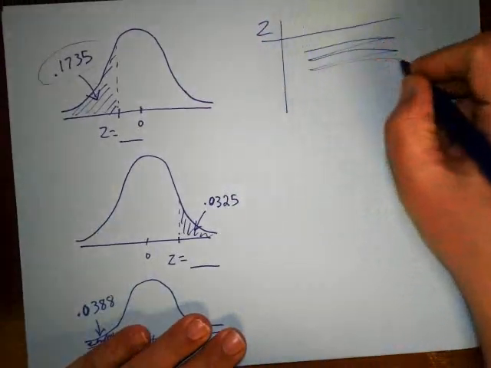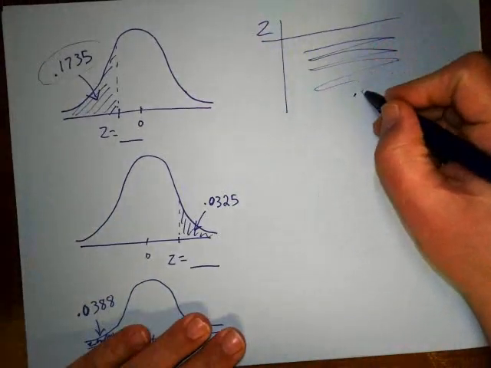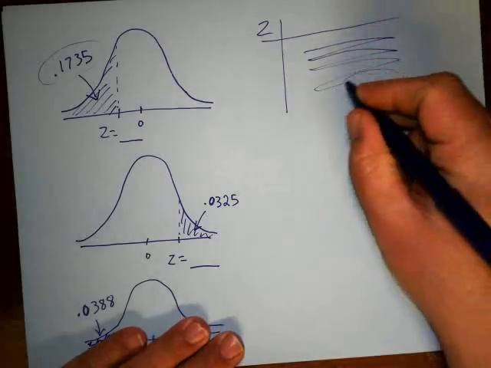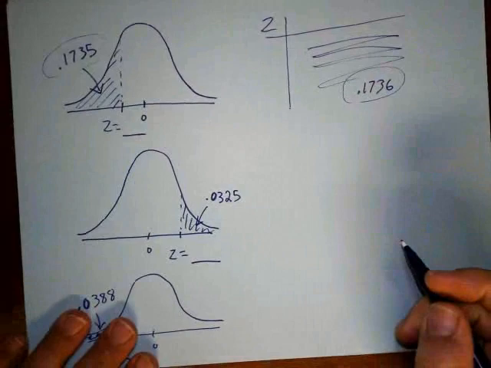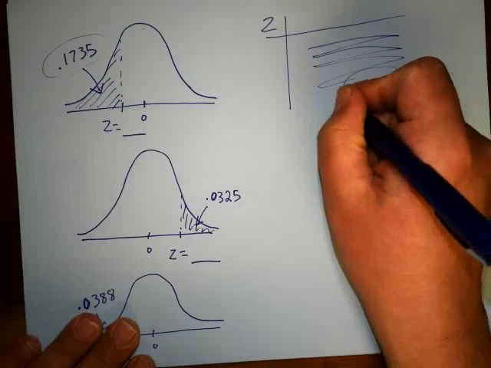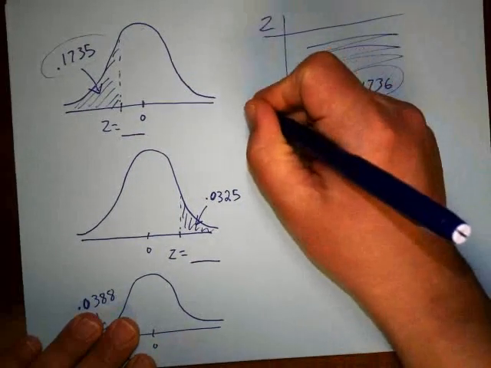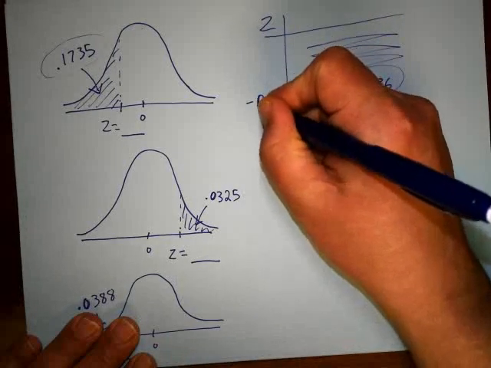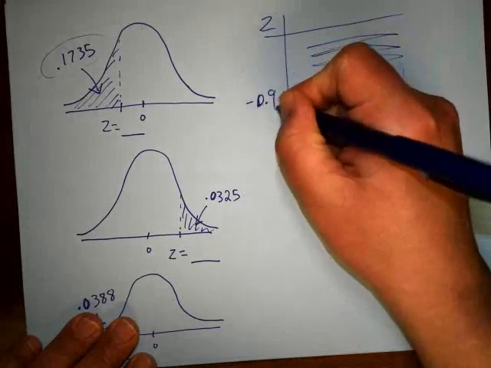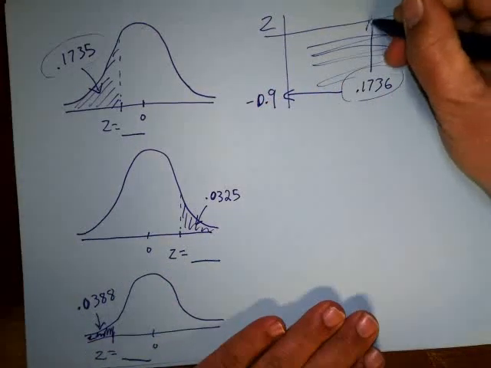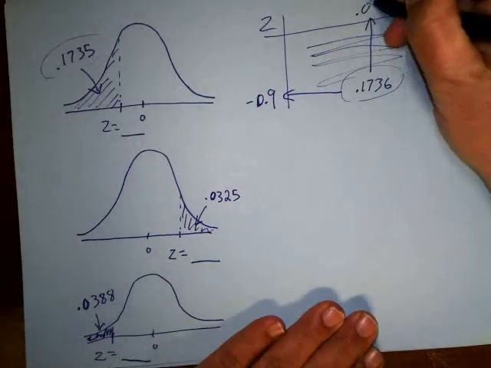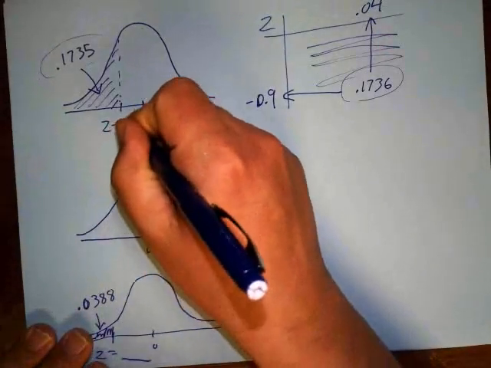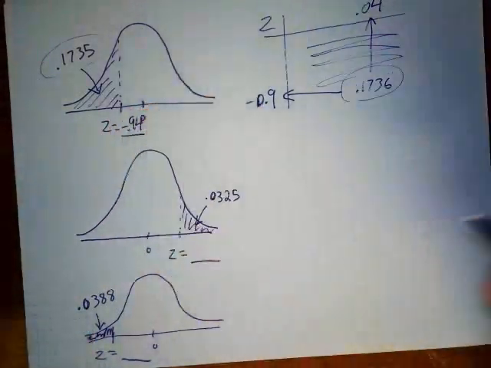What I did is I looked through here and I found 0.1736, and this was the number that came closest to this on my table. So I looked over here and I have negative 0.9, and I look up here and I have 0.04, and so this was negative 0.94.